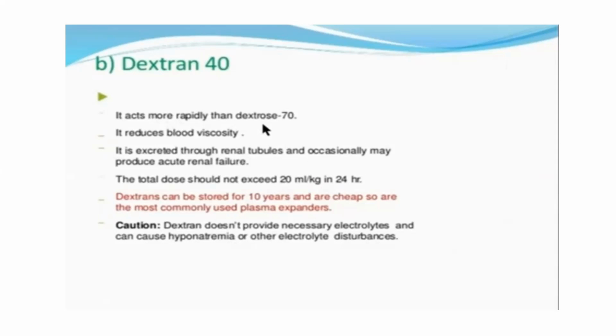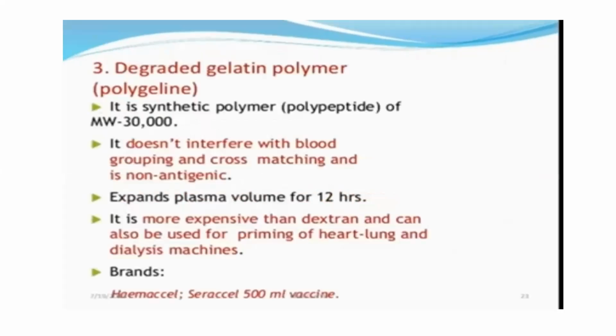The total dose should not exceed 20 ml per kg in 24 hours. Dextran can be stored for 10 years and is cheap, so it is the most commonly used plasma expander. Cautions: dextran doesn't provide necessary electrolytes and can cause hyponatremia or other electrolyte disturbances.